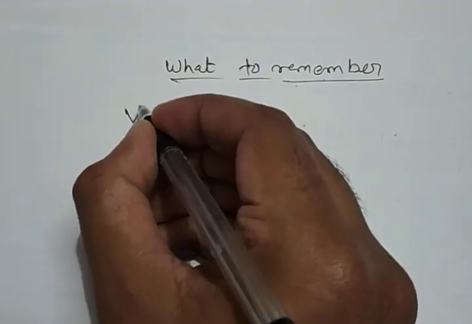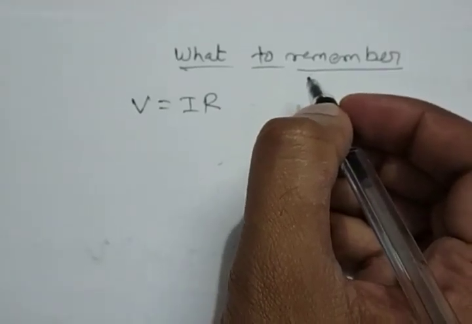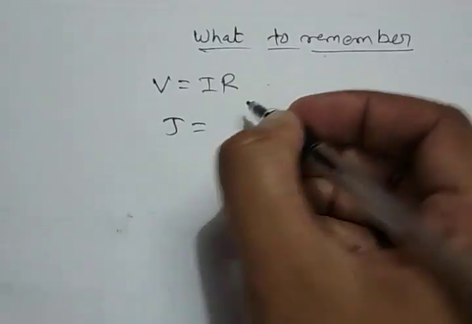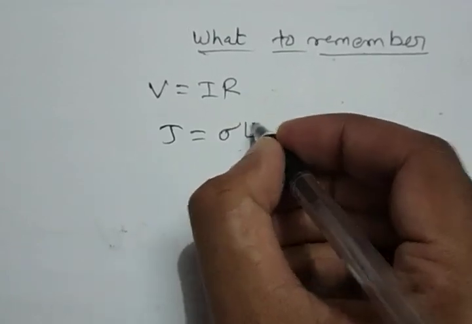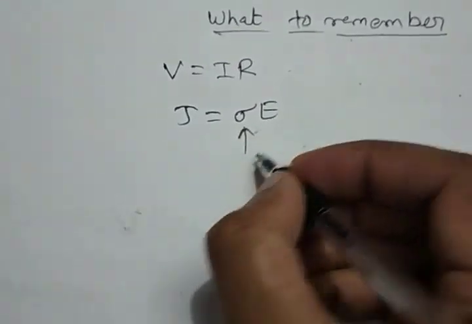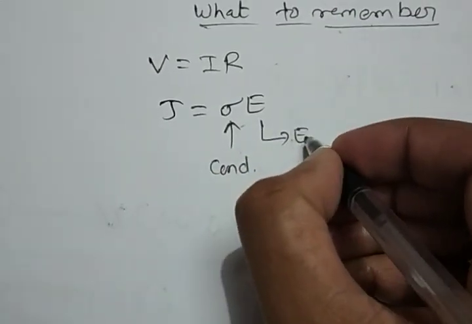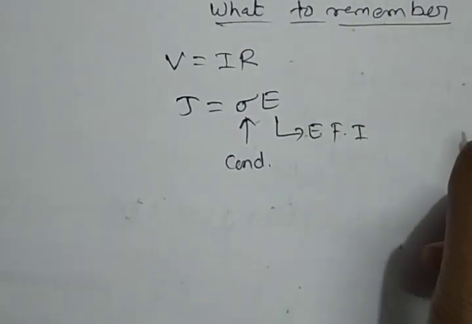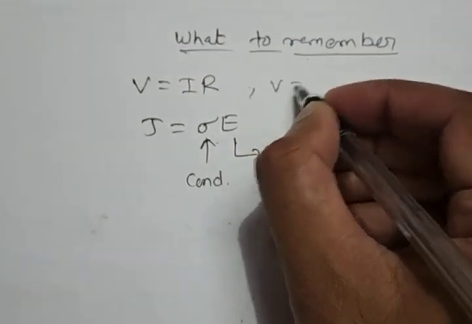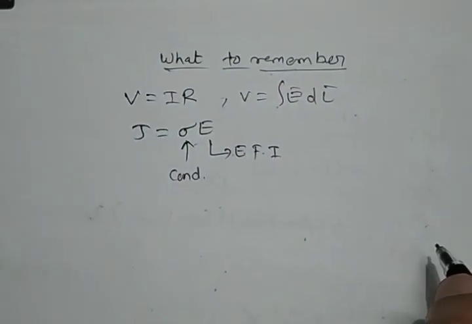First we have Ohm's law, V is equal to IR, and then we have to remember the current density J is given by sigma E, where sigma is the conductivity and E is the electric field intensity. For voltage we should remember it is the integral of E bar dot dl bar.